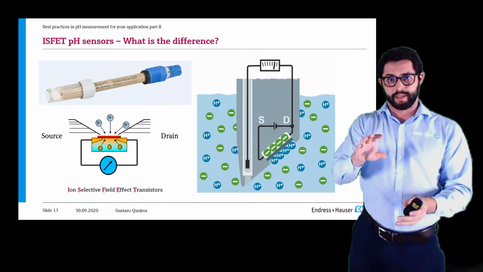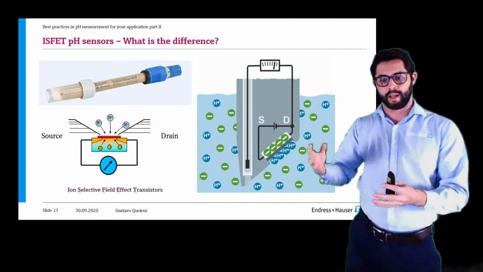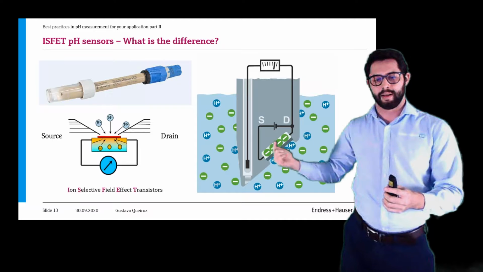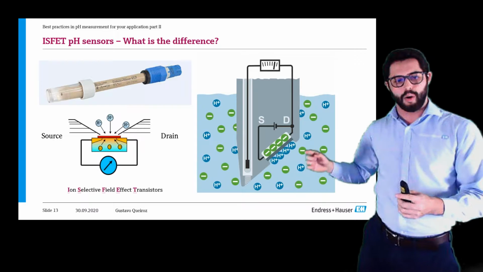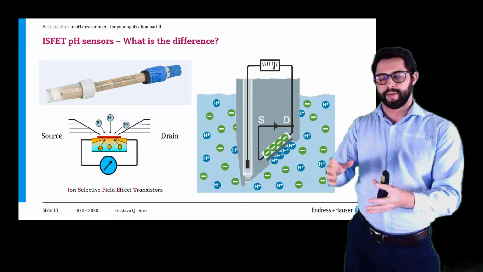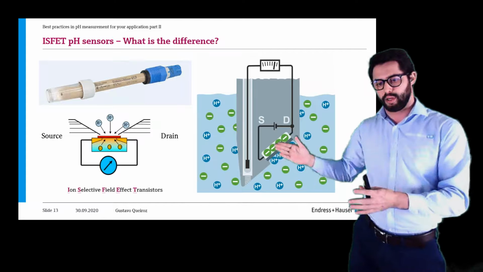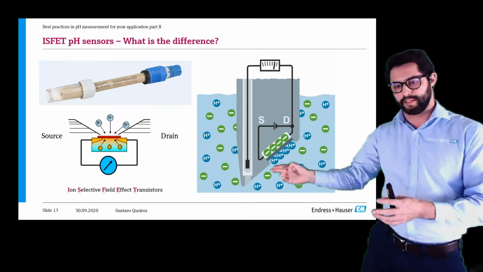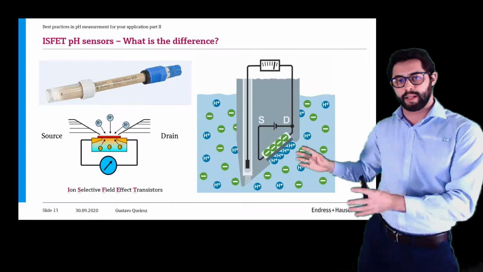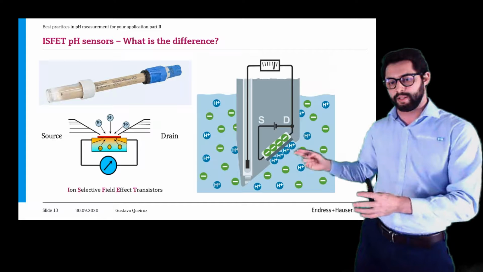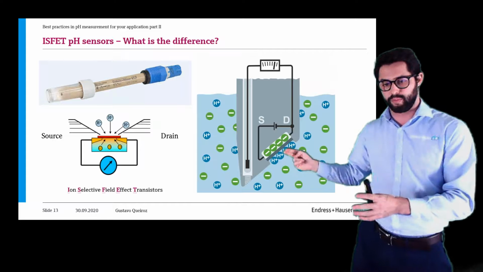With the ESFET electrodes, we have a different concept. Instead of a selective glass membrane, we have a field effect transistor that is sensitive to H+ ions, and we install this at the tip of the sensor. Here we don't have any kind of chemical reaction, just an electrostatic effect over the chip.